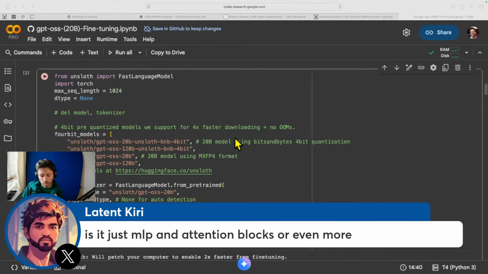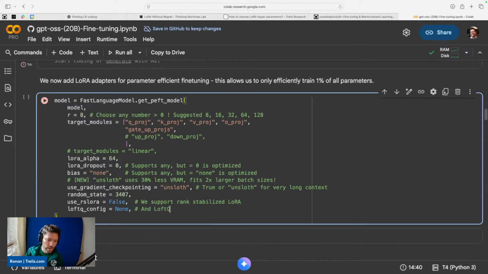You need to print the model and check what they're called. But this will actually train these modules in full precision. It's not going to apply LoRA, but it allows you to update the embeddings. Because if you're changing your chat template or the meaning of tokens or adding tokens, you definitely need to train the embeddings. So you can decide to do that there. LM head is a bit less common to do, but the embeddings are somewhat common. It brings you closer to fine tuning and allows you to update the embeddings.